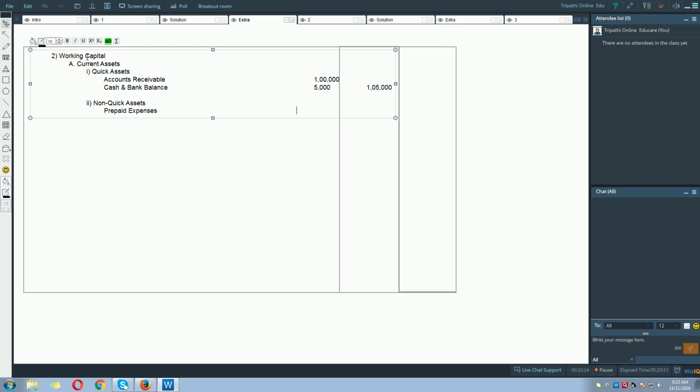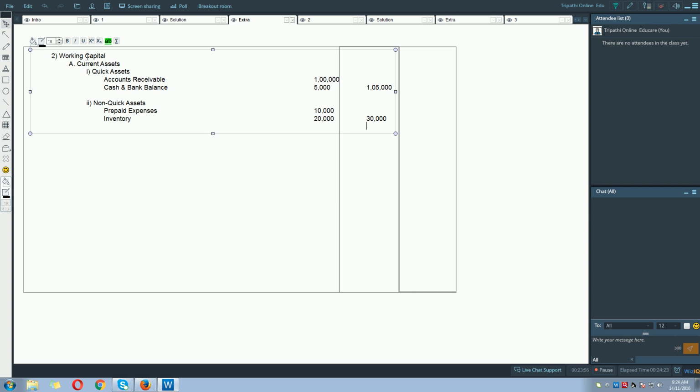And second, non-quick, or you can say other current assets. On this we have prepaid expenses, which is 10,000.